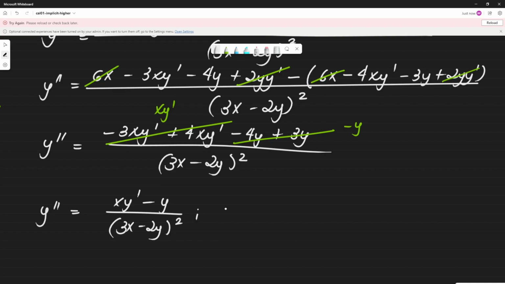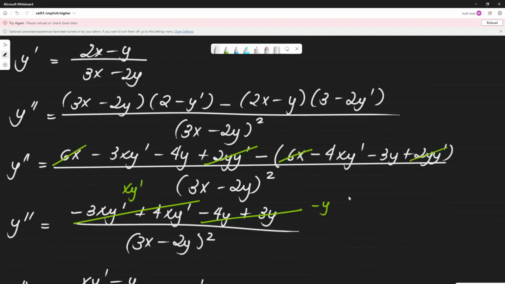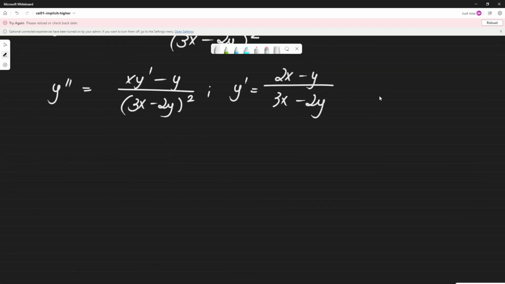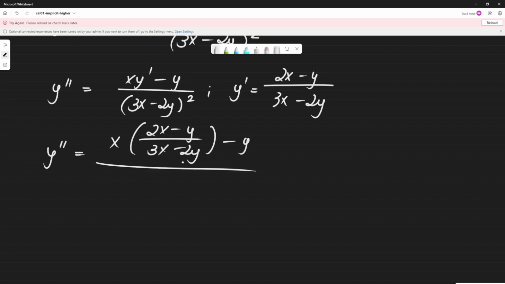However, alam natin na ang y prime natin is equal to what? Diba? Yun sa taas natin, that is 2x minus y over 3x minus 2y. So, kailangan natin siyang i-substitute. So, we have y double prime is equal to x times 2x minus y over 3x minus 2y, minus y, all over 3x minus 2y quantity squared.